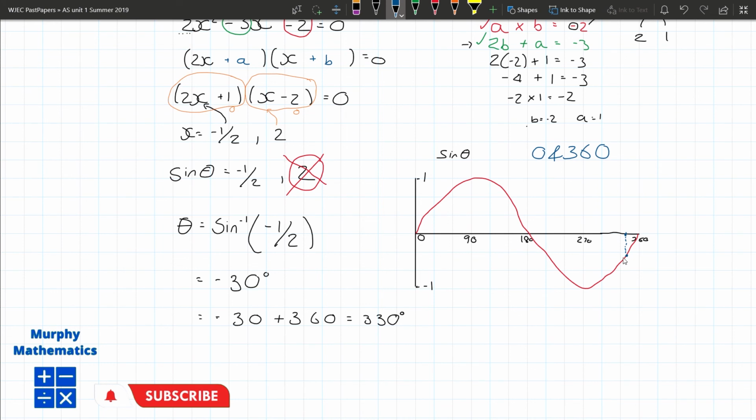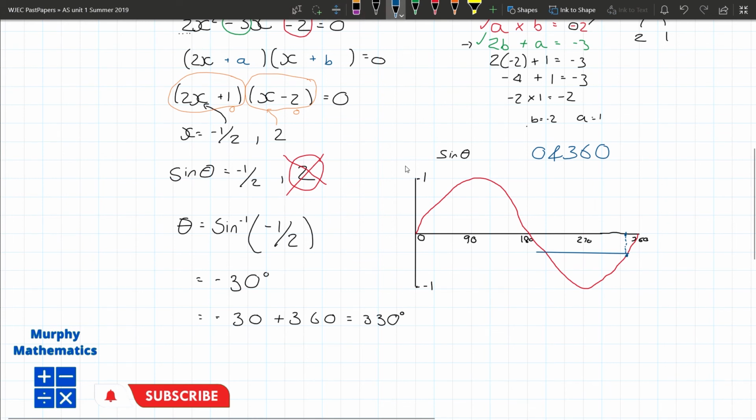Okay, and so what we now need to do is project this line across the x-axis, like so. It's a bit off. I'll try and move it up. That's a bit closer.